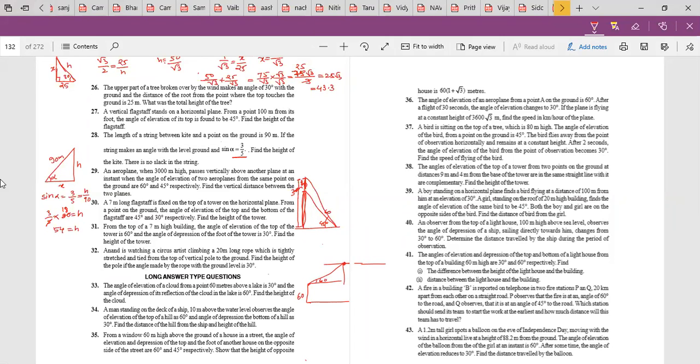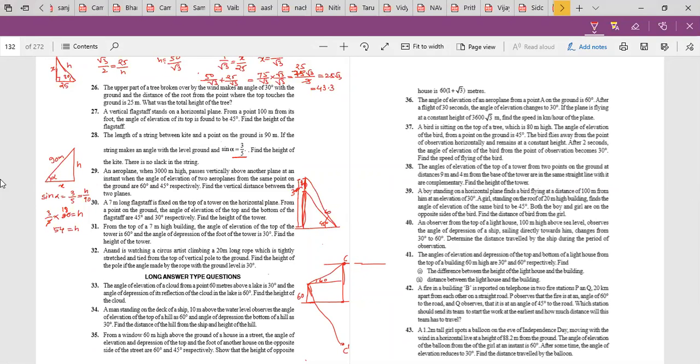Then its distance from the mirror, the lake will become a mirror. So its distance is equal, plane mirror it is, so the image is also formed at the same position. So this cloud is C, then image will be C dash. Then join this to this, the straight line.